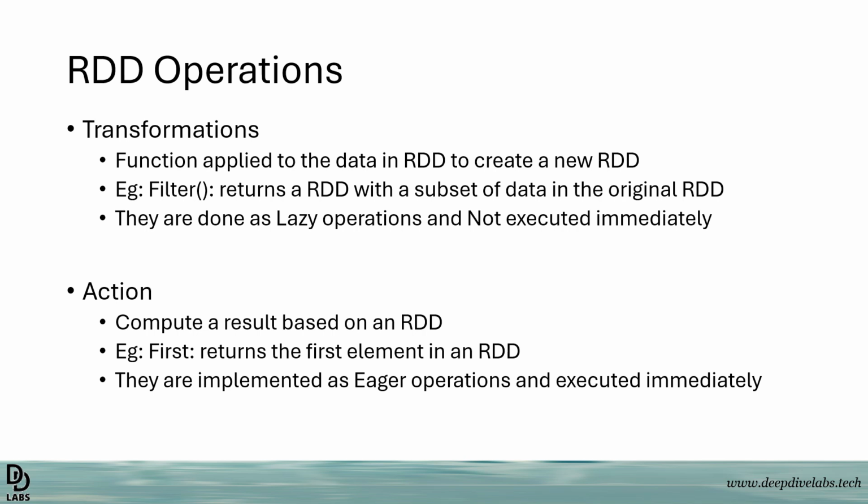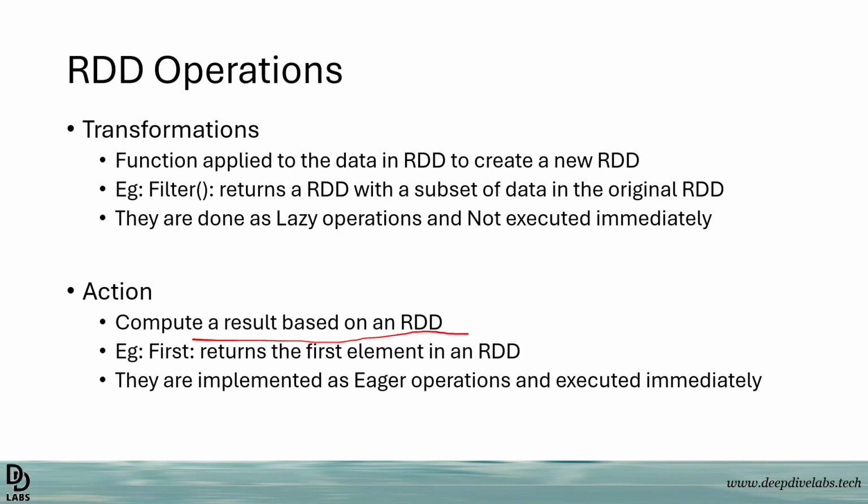Transformations are functions applied to the data that is read into an RDD to create a new RDD. For example, filtering returns an RDD which is a subset of the data in the original RDD. Typically, transformations are lazy operations and not executed immediately, whereas an action computes a result based on an RDD.